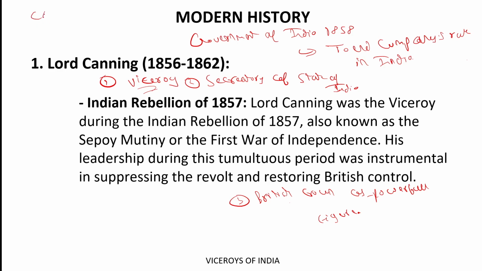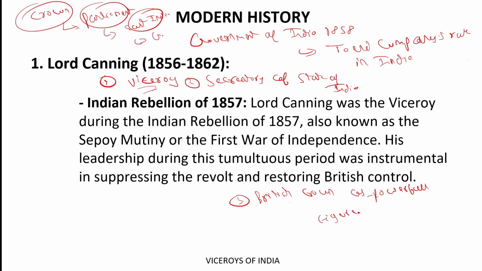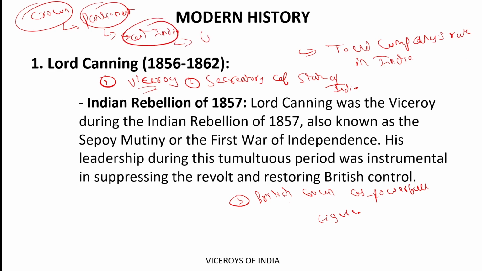Basically, before this, if this is the Crown, or you can say the ruler of London, then there is the Parliament of London. Thereafter there is the East India Company, and then there is the Governor General.